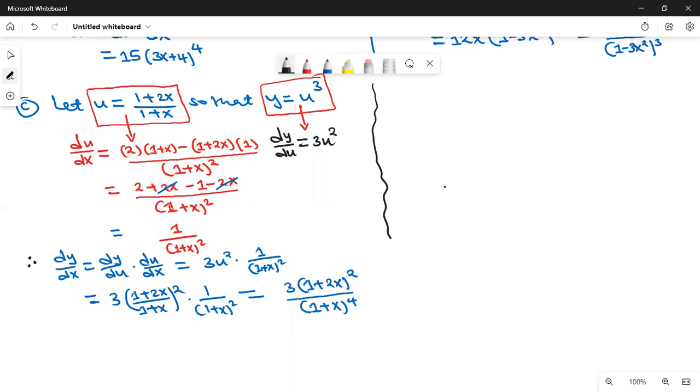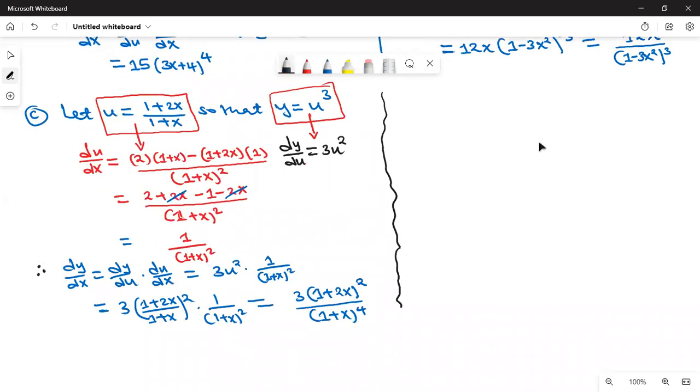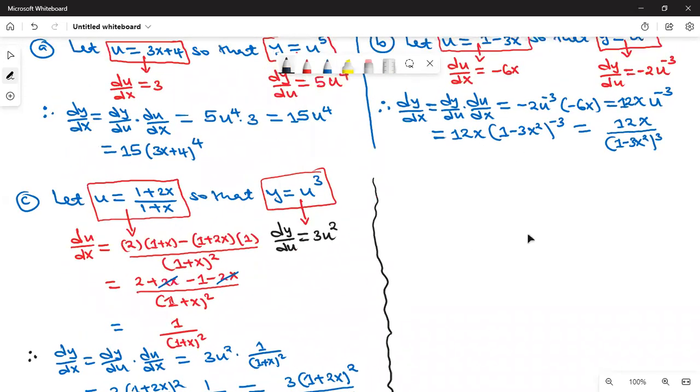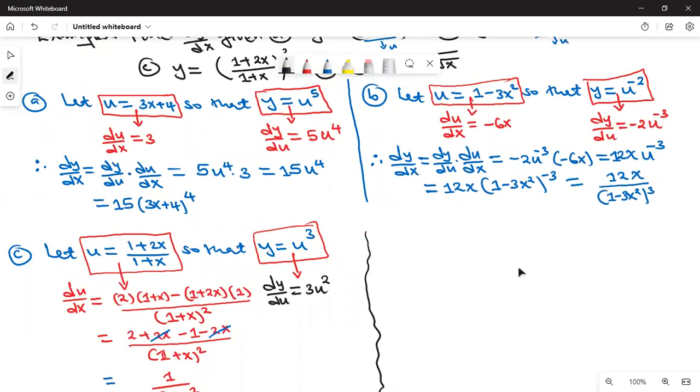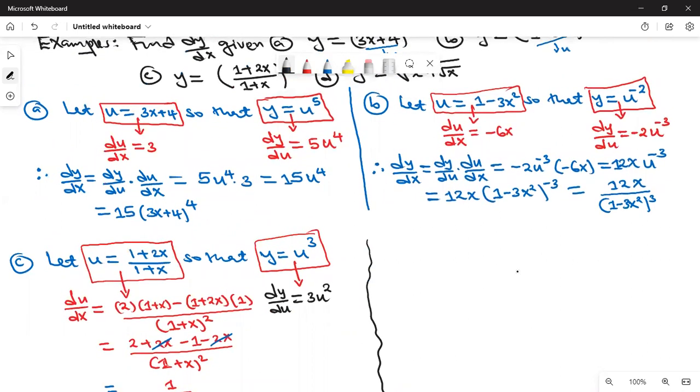Now let's see how to work out the other part, that is part D. In part D, what are we given? We are given y is equal to the square root of x plus root x. So the whole of that will be u.